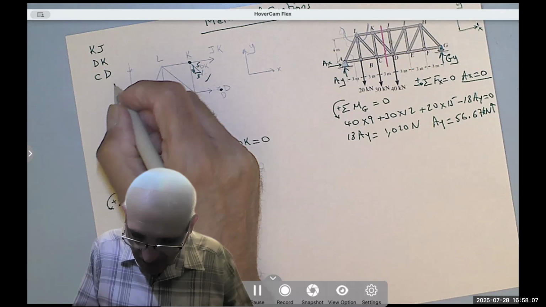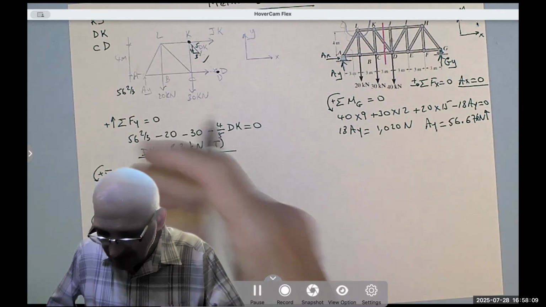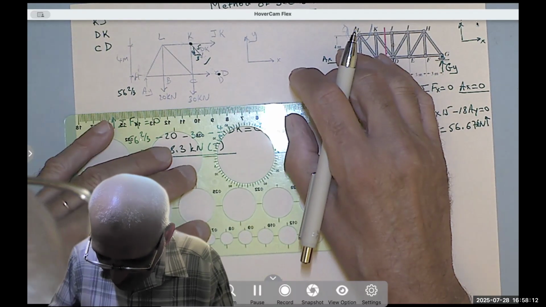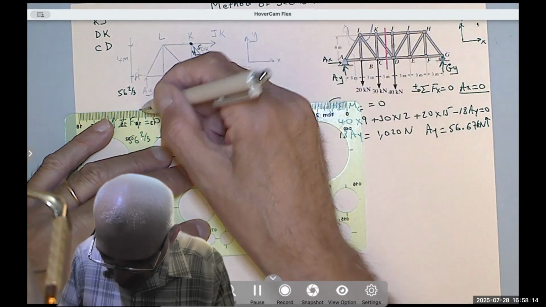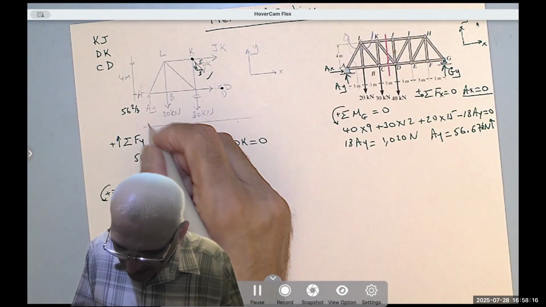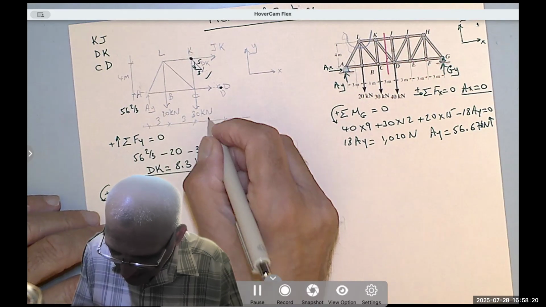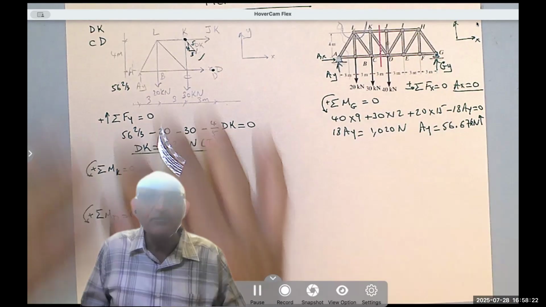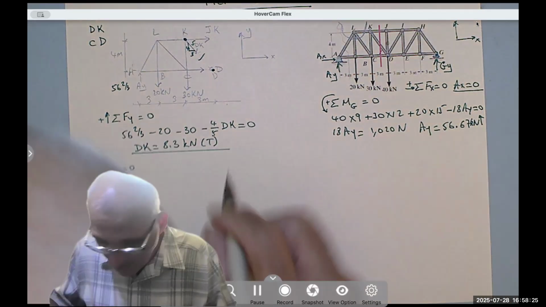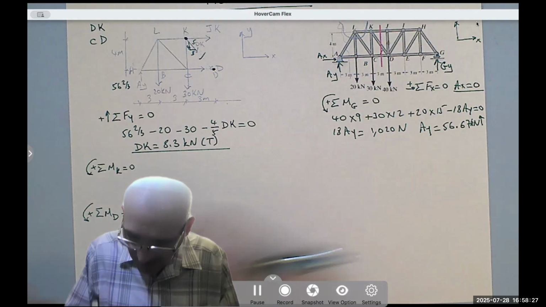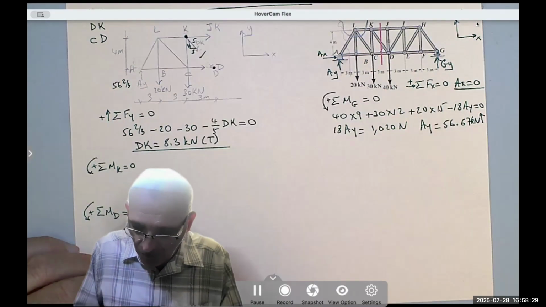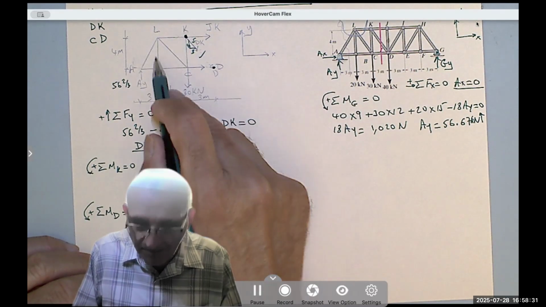This is 4 meters, and these are 3 meters each. It's not drawn to scale, as I said, but AB is 3, BC is 3, and CD is 3. These were missing.